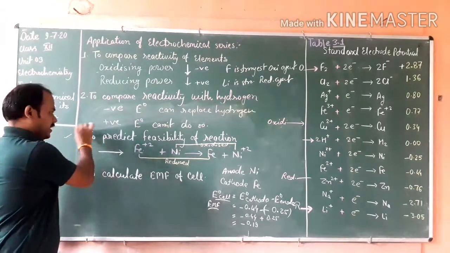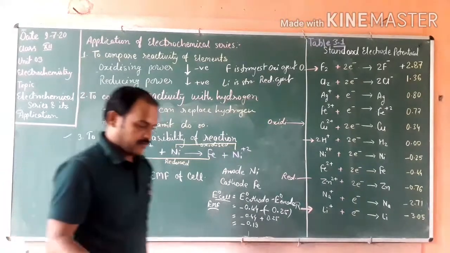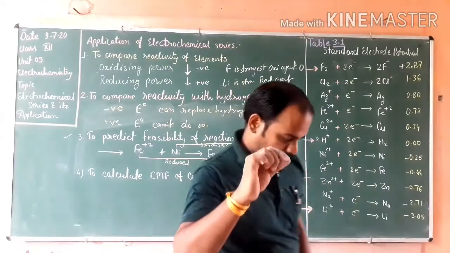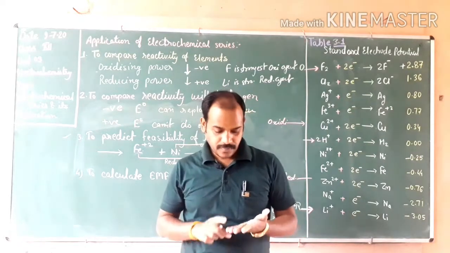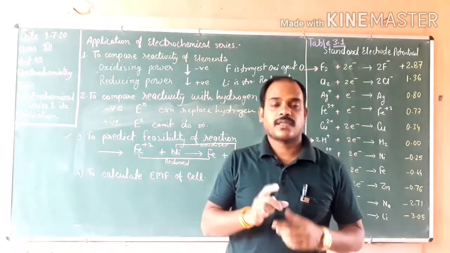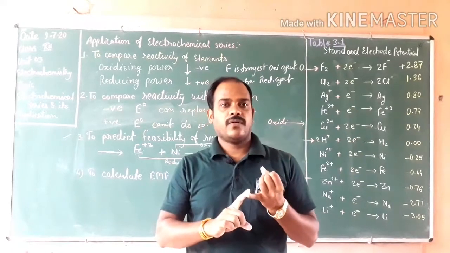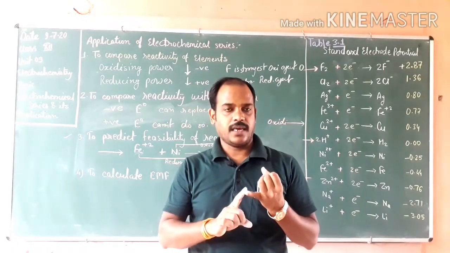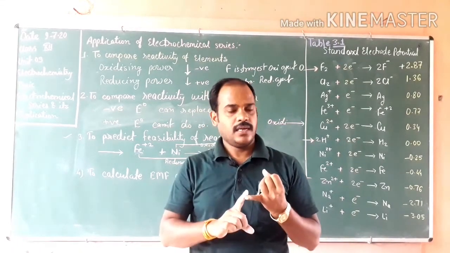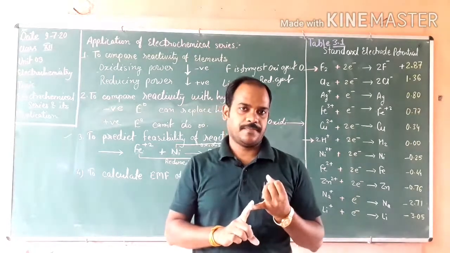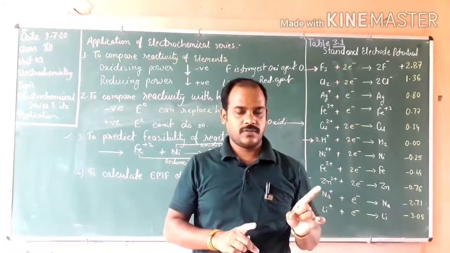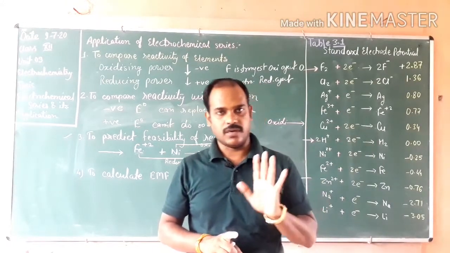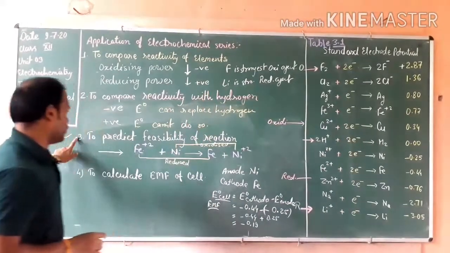So here in the third point, what can we conclude? The point is, if EMF of the reaction is positive, the reaction is possible. If EMF is negative, reaction is impossible. Got it? So this is the third application.